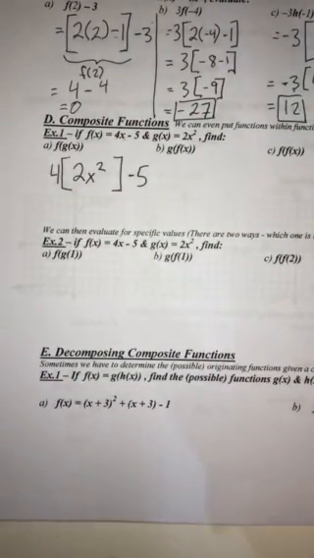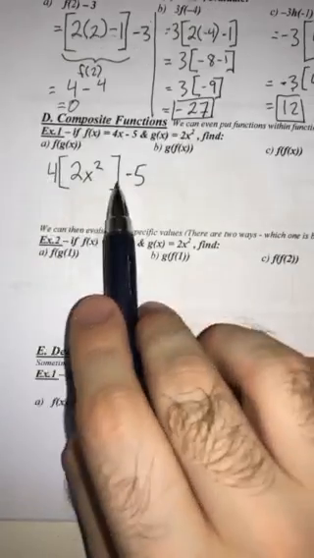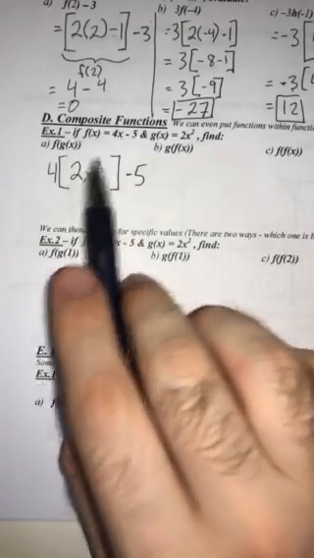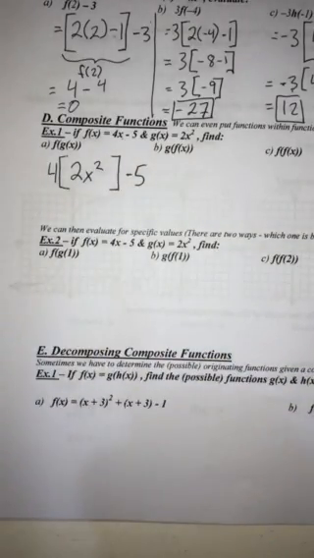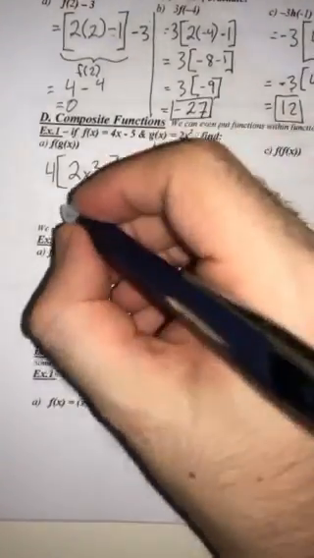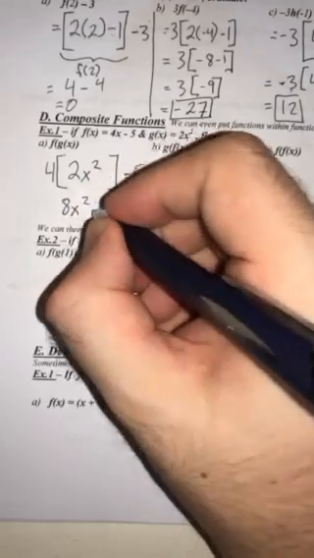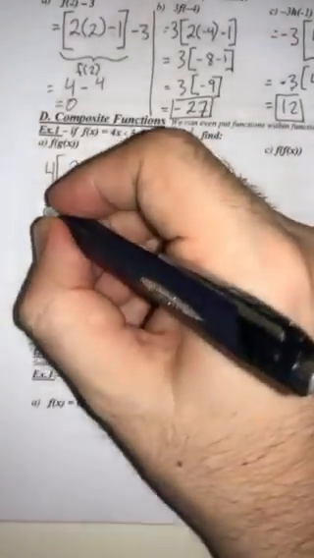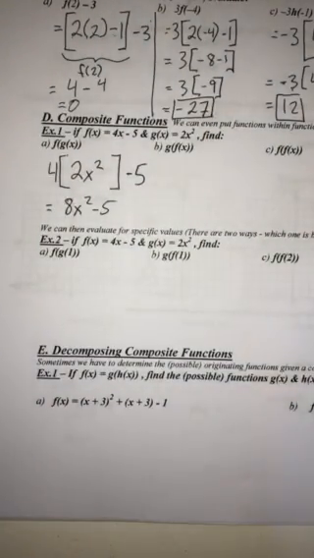This is confusing. Don't freak out. I've got a few more examples I'm going to go through. I am just going to expand this out to simplify it a little bit. So I'm just going to multiply the 4 in here. So we get 8x squared minus 5. So this would be what that composite function looks like.